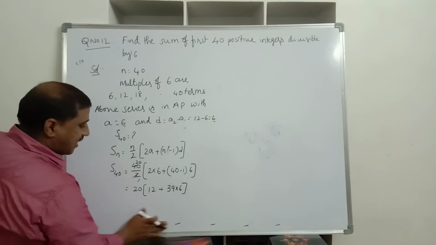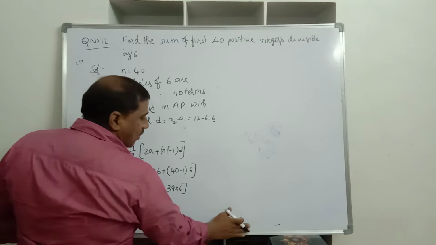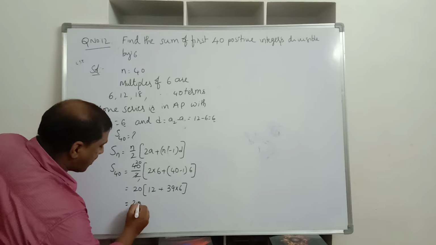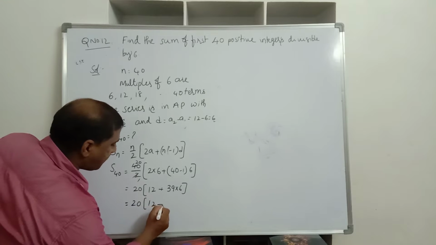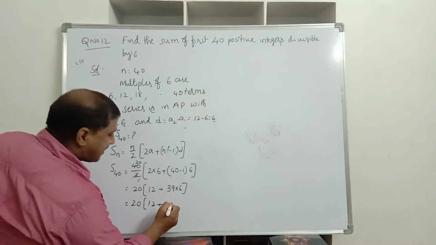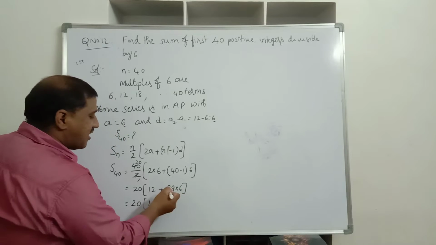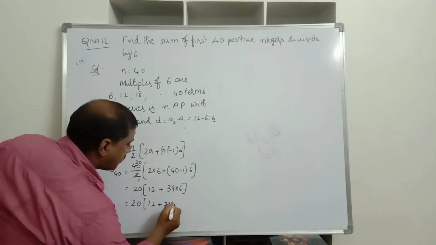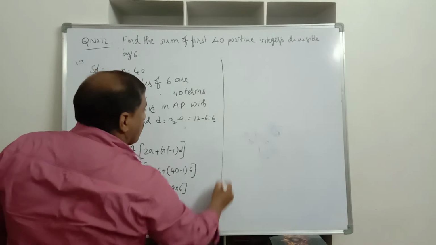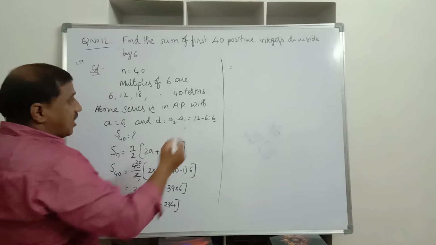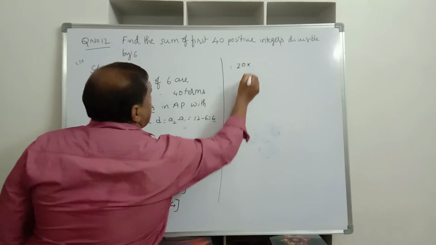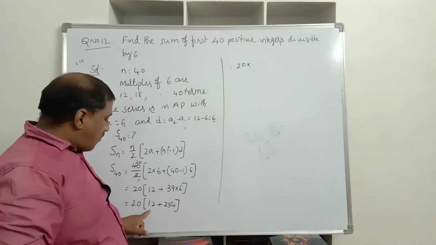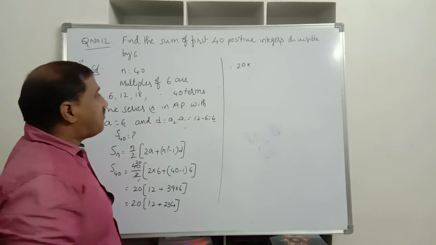Simplify inside the bracket first. 6 nines are 54, write 4 and carry 5. 6 threes are 18, plus 5 is 23. So 39 into 6 is 234. So that is equal to 20 into (12 plus 234), which is 246.